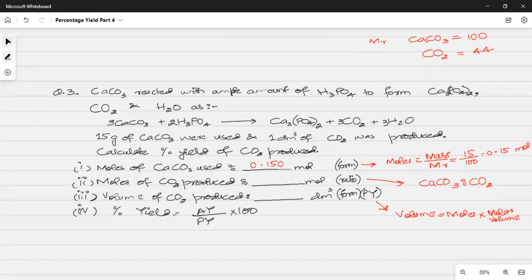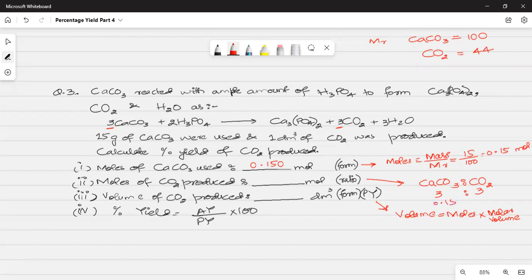Just a minute. Okay. So as CaCO3 is 3 over here, so I'm going to write 3 over here. And as CO2 is 3 over here, so I'm going to write 3 over here. Okay. And then use the number for CaCO3, which was given in the previous question. Since it's not 3 moles of calcium carbonate that produces 3 moles of carbon dioxide here, it's actually 0.15 moles.